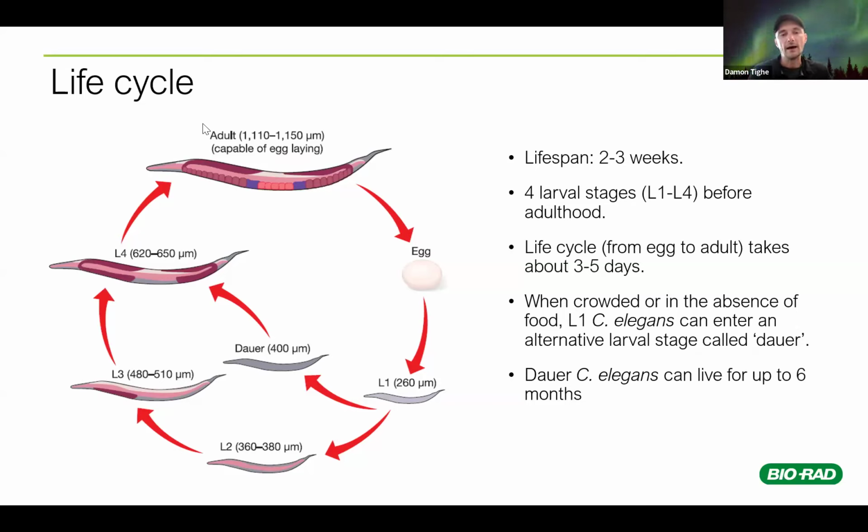That dauer state can be recovered from and jump right to the larval 4 stage when things get better. But if things are already good in the environment, you'll pass through L1 to L2 to L3 to L4 and be back at that adult within just 3 to 5 days or so. This is what allows them to be regenerated very quickly.